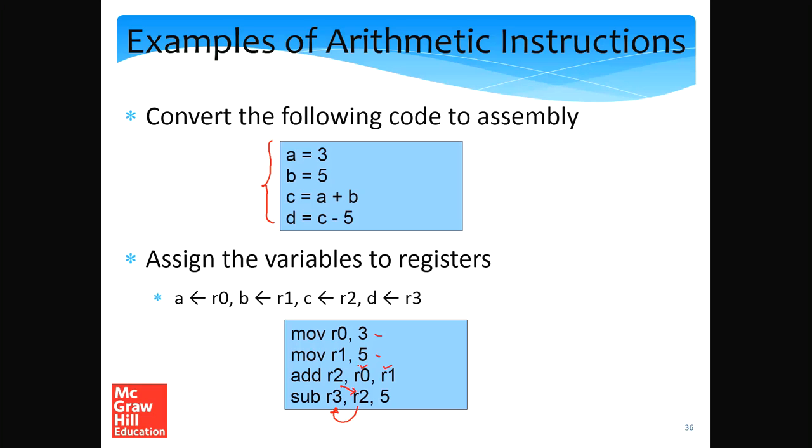First, assign the variables to registers. Step 2 is that after the assignment, each and every high level statement gets converted to assembly. So the important point is that writing assembly programs is pretty much similar to writing high level programs.